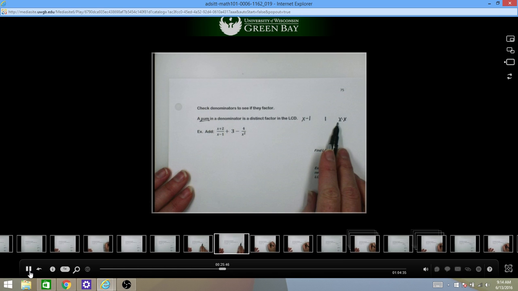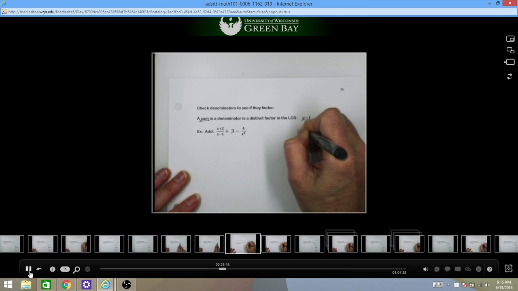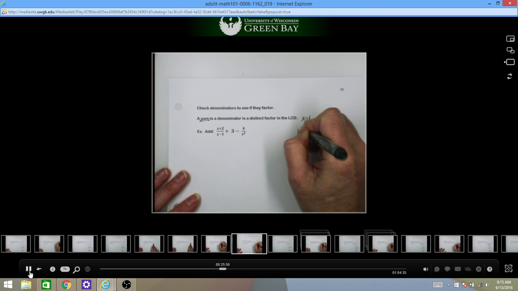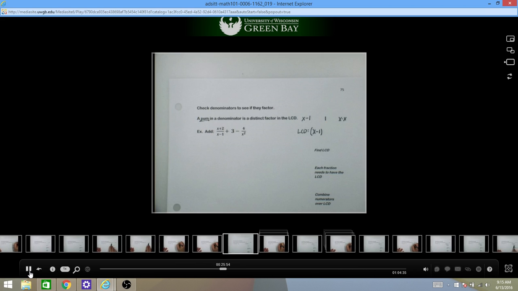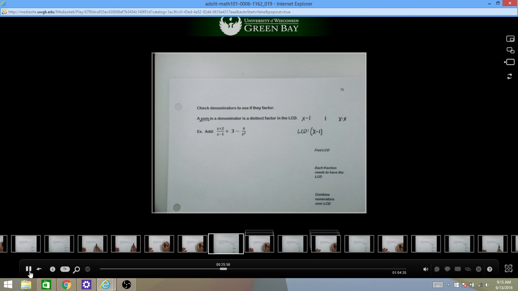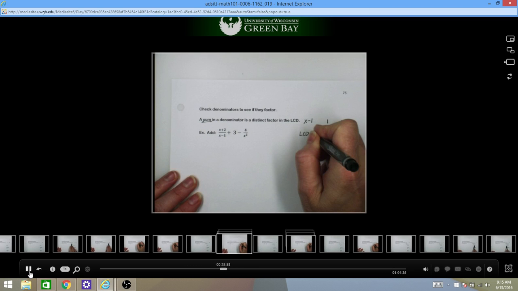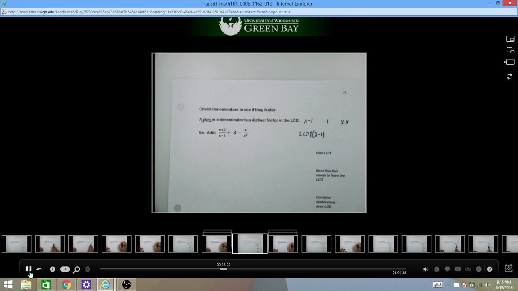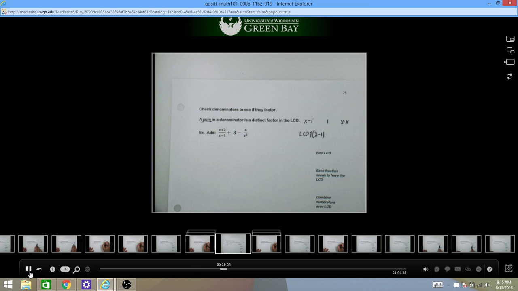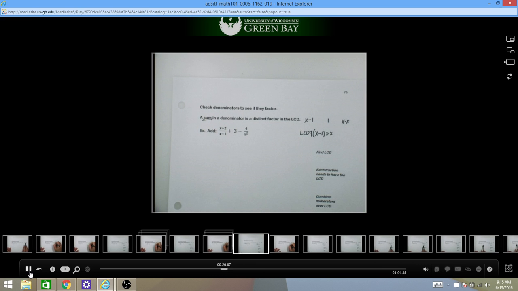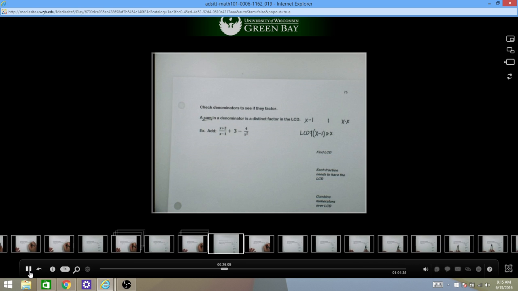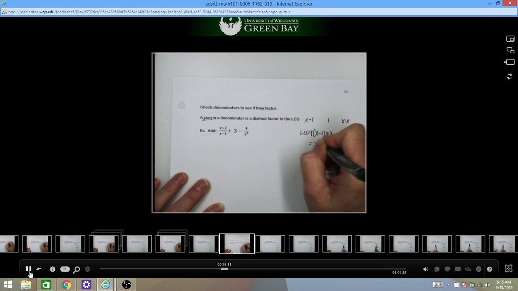So when we're looking at the least common denominator, the x minus 1 goes in parentheses as its own little factor. You can put the 1 down if you want, but 1 times x minus 1 is still x minus 1, so you don't have to put the 1 down if you don't want to. And then you need the x times x, or the x squared. So the least common denominator is x squared times x minus 1 on this problem.